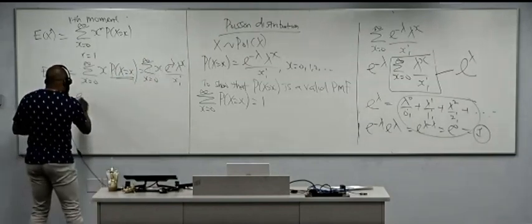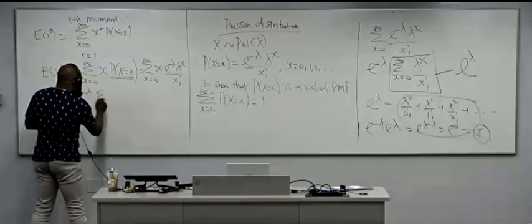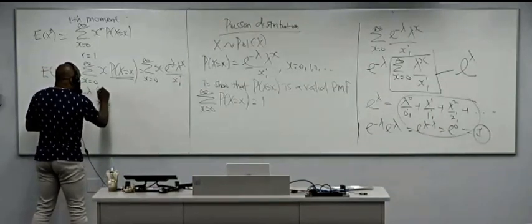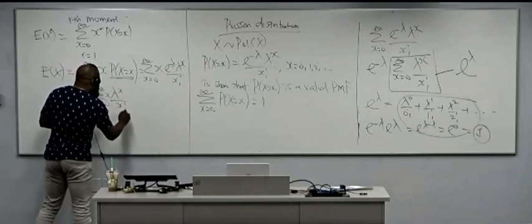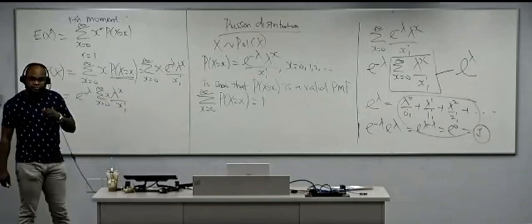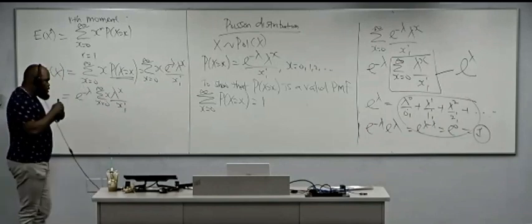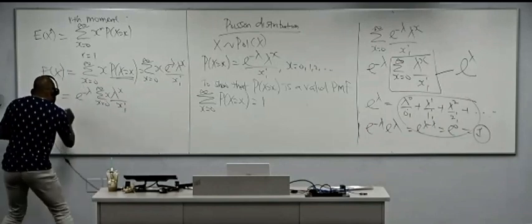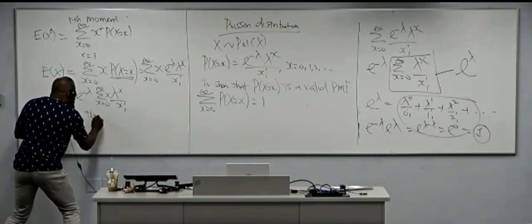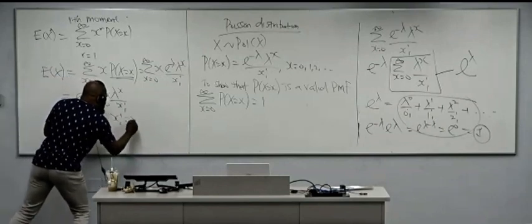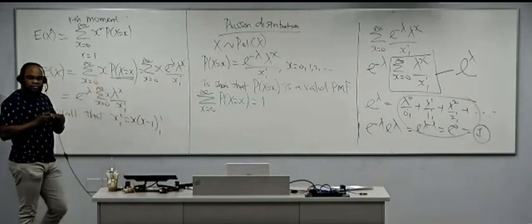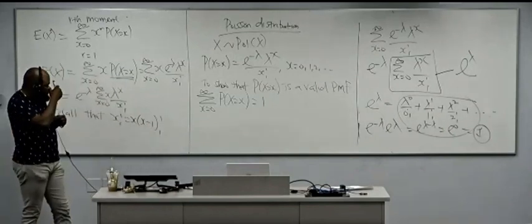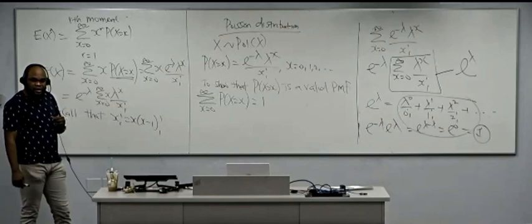So I'm actually going to have the summation from x equals 0 to infinity of lambda^x divided by x factorial. Now you have to recall that x factorial is the same thing as x into x minus 1 factorial.